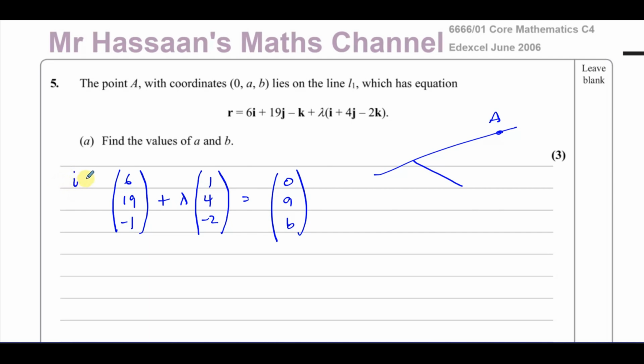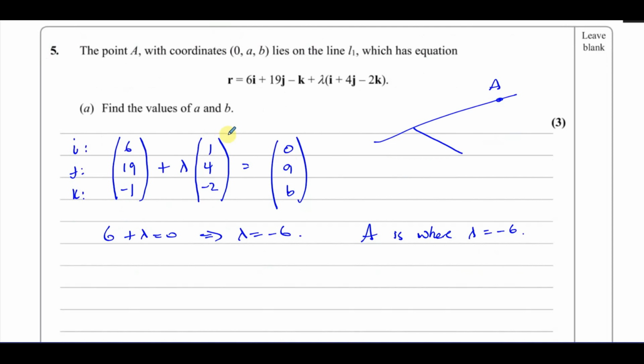We know the i coordinate. So if we look at the i components and the j components and the k components, from the i components we can make an equation: 6 + λ = 0, which means λ is equal to -6. So I know the point A is where λ = -6, so I can find the j component.